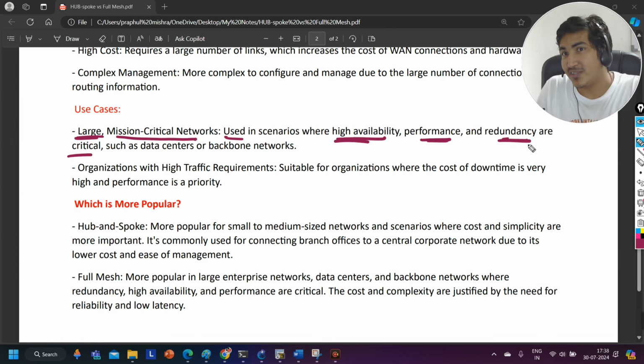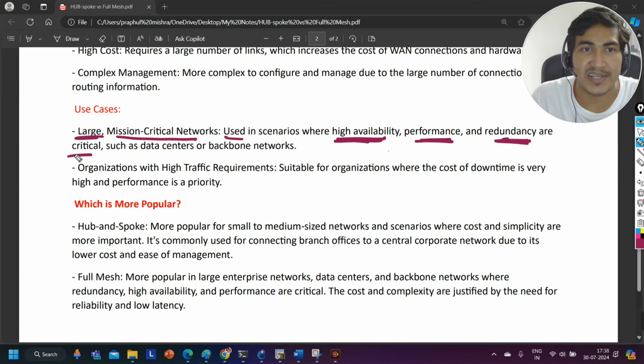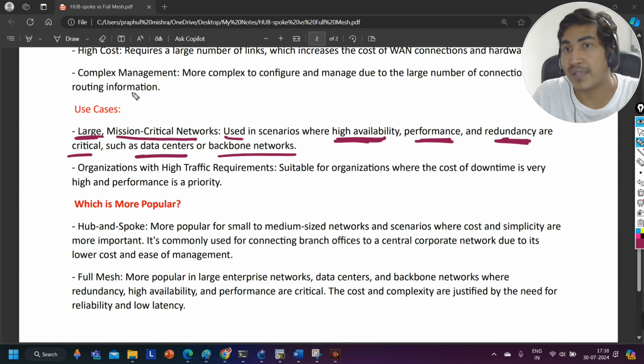Management can be complex, that is acceptable, but there should be redundancy and performance should be good. The server should be available every time, 24/7. Then guys, you will use full mesh topology. So you can see the scenario where high availability, performance and redundancy are critical, such as a data center or backbone network. In the data center or backbone network, we are still using full mesh topology.